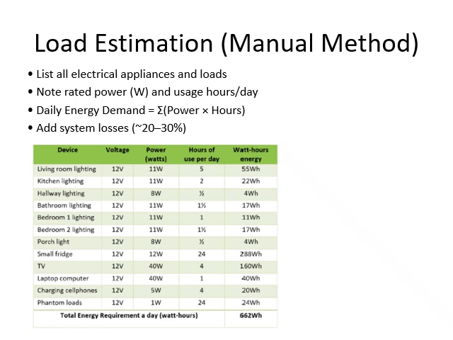Bathroom lighting, bedroom 2 lighting. Then if you have a porch for the car, outside porch lighting. A small fridge, TV, laptop, computer, charging cell phones. And there are some phantom loads also, which are considered as losses.